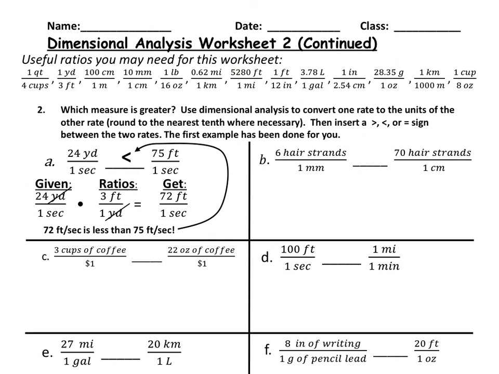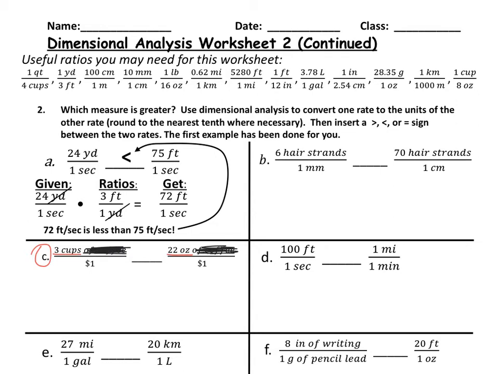On the back side of the worksheet, I'll start with letter C. This one they try to trick you a little bit by saying 3 cups of coffee and 22 ounces of coffee. So let's just get rid of the coffee part because we don't really care about that.